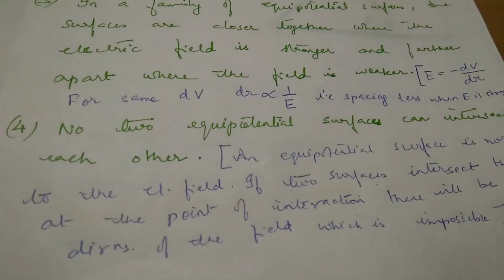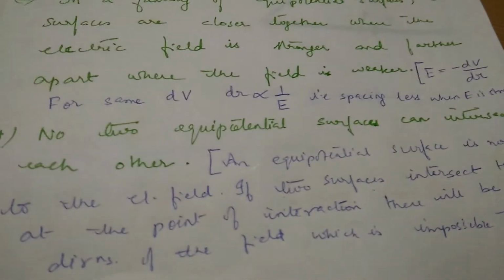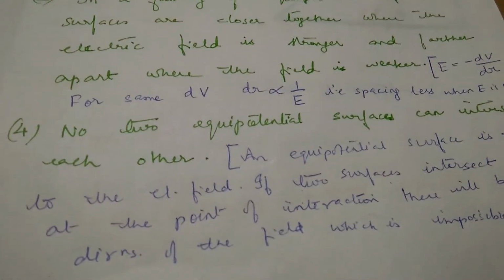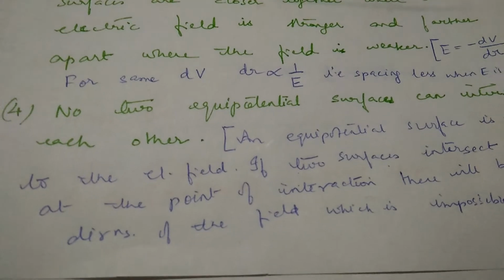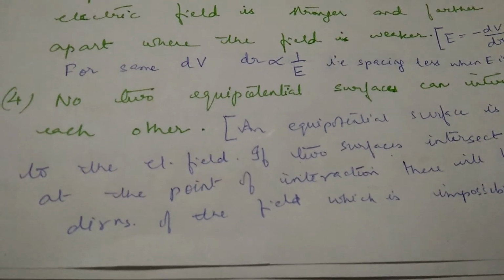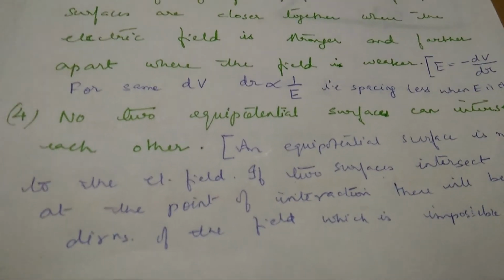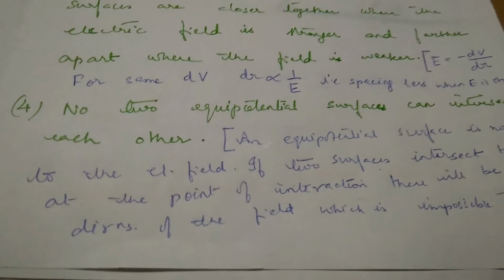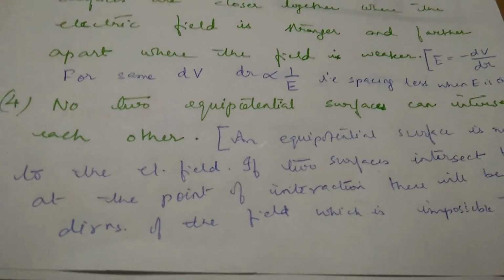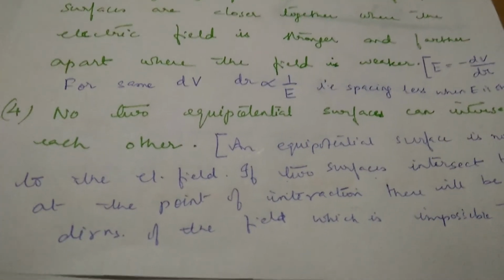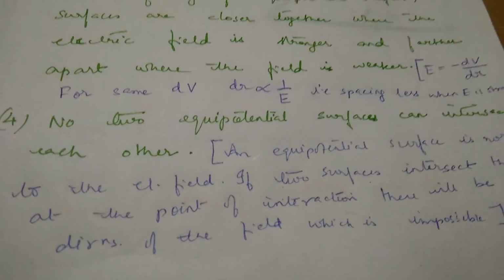Last property. No two equipotential surfaces can intersect each other. I will take you back to your secondary school concept of magnetic lines of force. We used to have this question as why no two magnetic lines of force intersect. If you remember the answer is that at any point it gives us the direction of the field. If it intersect, we can draw two tangents, we'll have two directions. Same logic.